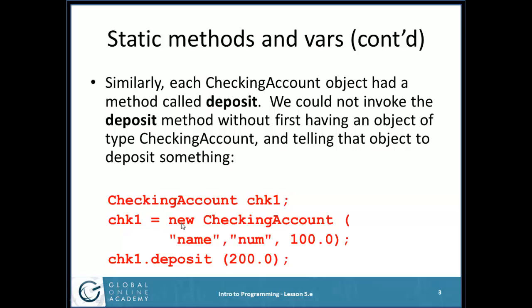And we will instantiate it by doing a new checking account, passing a name, number, and an amount to the constructor for checking account. Once we have that, we can start using our variable check1. So we might say check1, deposit $200. Hey, variable name check1, I know you're a checking account object. Go find your deposit method and pass it $200 and then do whatever the deposit method does. That's for non-static methods.